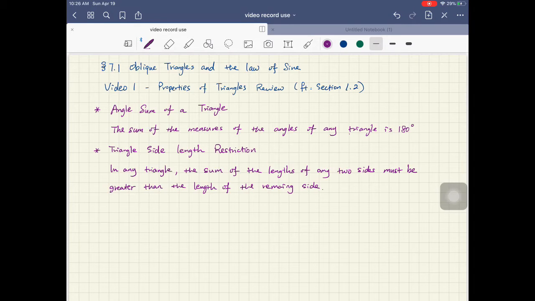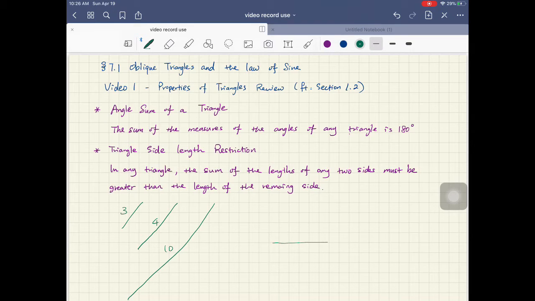In any triangle, the sum of the lengths of any two sides must be greater than the length of the remaining side. What that means is, if I have 3 sides, the first one is 3 inches, the second one is 4 inches, and the third one is about 10 inches, then using those three sides I cannot form any triangle.